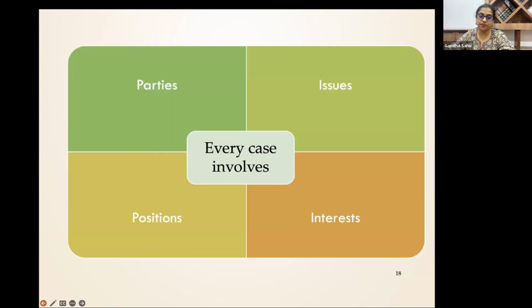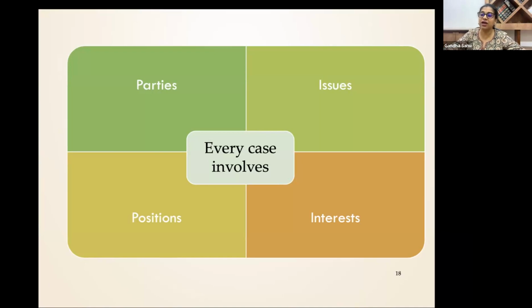So every case has parties, it has issues, it has positions and interests. Parties, we know, are people who have conflicting interests or conflicting positions.